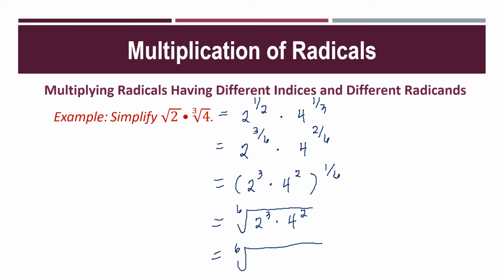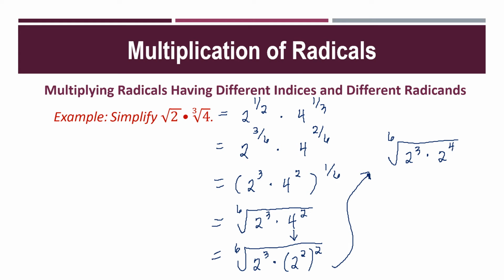So we have the sixth root of 2 cubed times, we know that 4 is equal to 2 squared and then raised to the second power. So we expressed 4 in exponential form. Therefore, we have the sixth root of 2 cubed times 2 raised to the fourth power.